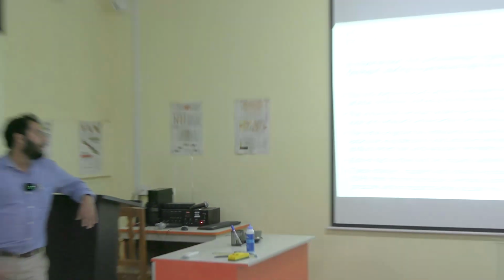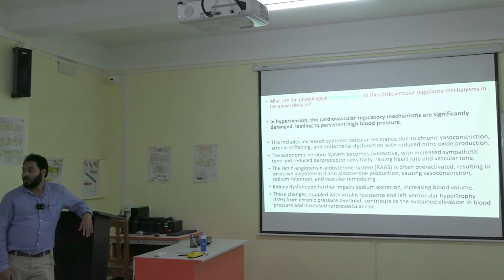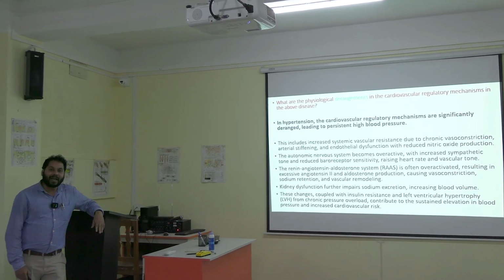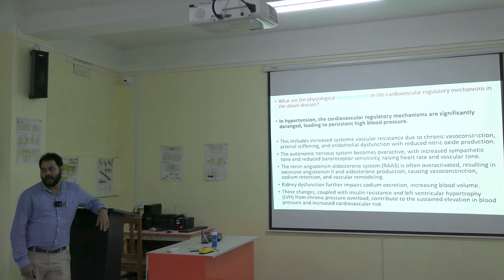Along with this, you can see these changes coupled with insulin resistance and left ventricular hypertrophy from chronic pressure overload. Yes, here pressure overload contributes to sustained elevations of blood pressure and increased cardiovascular risk. So mainly three different mechanisms are altered here, right?